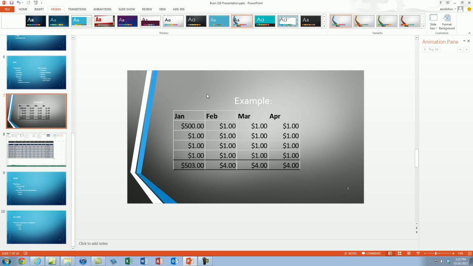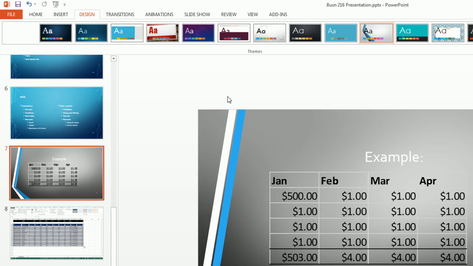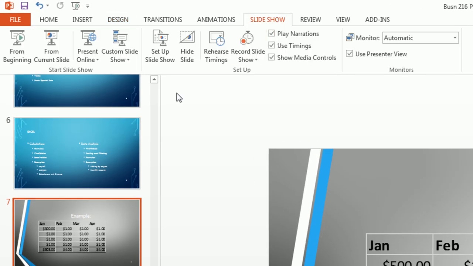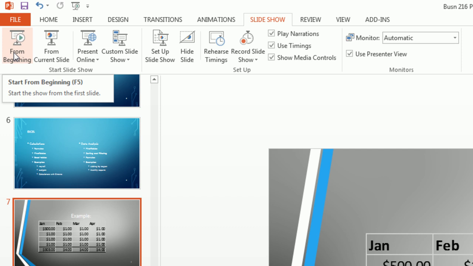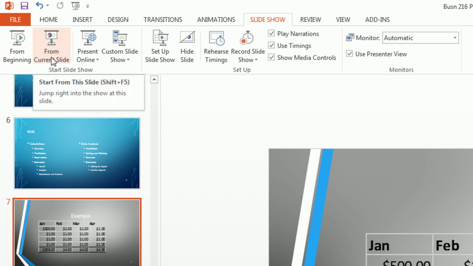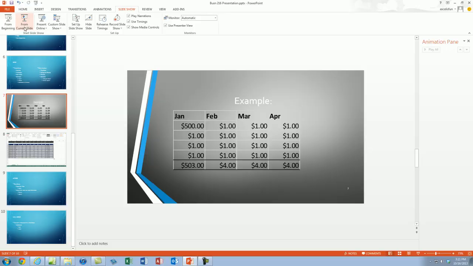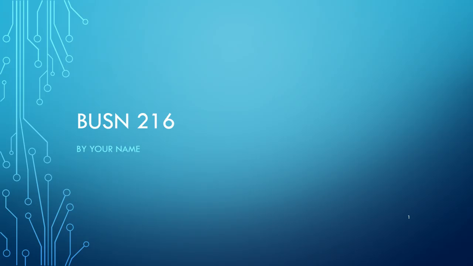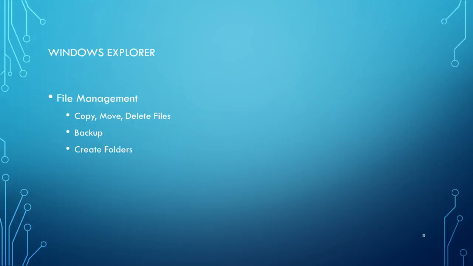Next, we'd like to talk about transition and animation. But before we do that, let's play our PowerPoint presentation. We could go to Slide, as we saw in our last video, Begin, or F5. From current slide, Shift F5. Escape. I'm going to hit F5. Arrow key, down arrow, down arrow.